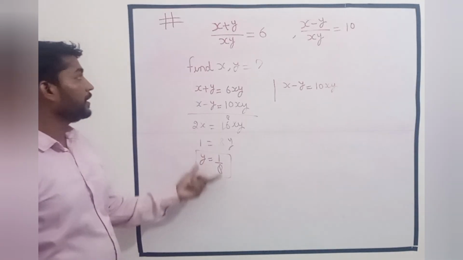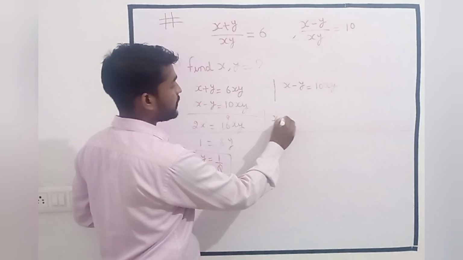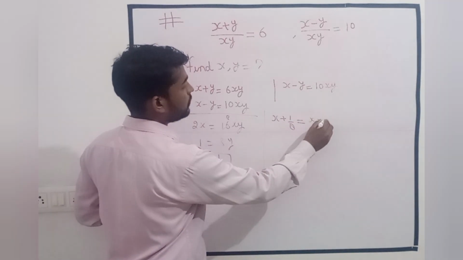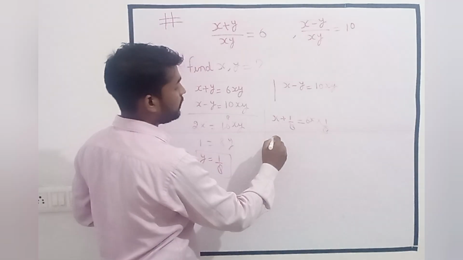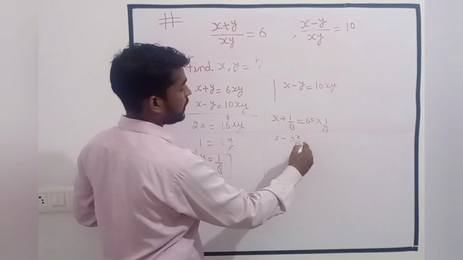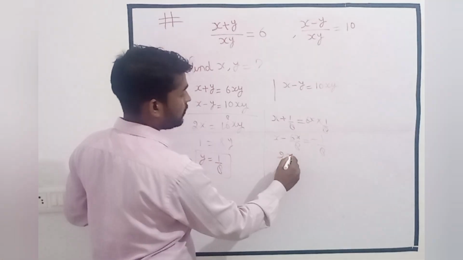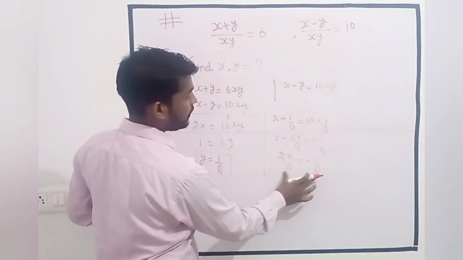Y value 1 upon 8, we will put in any equation, and then we get x plus 1 upon 8, x into 1 upon 8. We will solve x minus 6x upon 8 equal to minus 1 upon 8. Here 2x upon 8 equal to minus 1 upon 8.